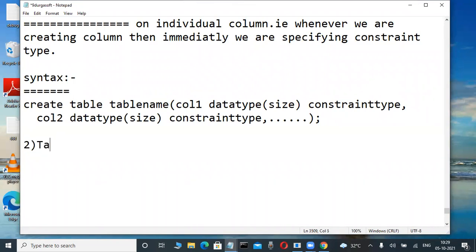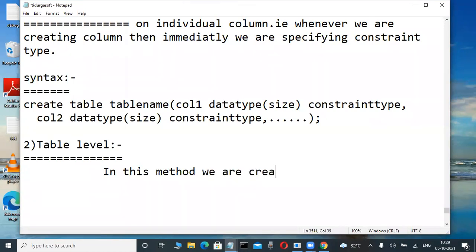Second one, table level. In this method, write it, constraints on group of columns.